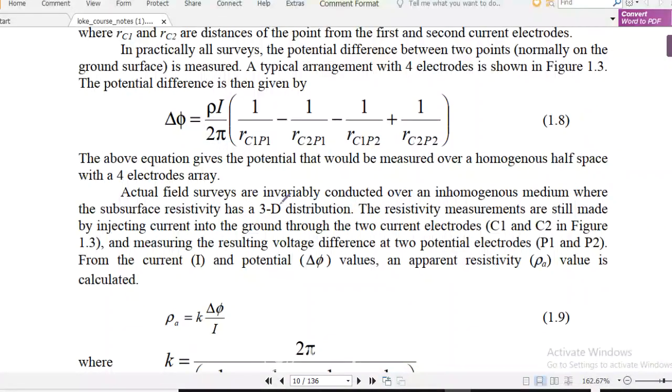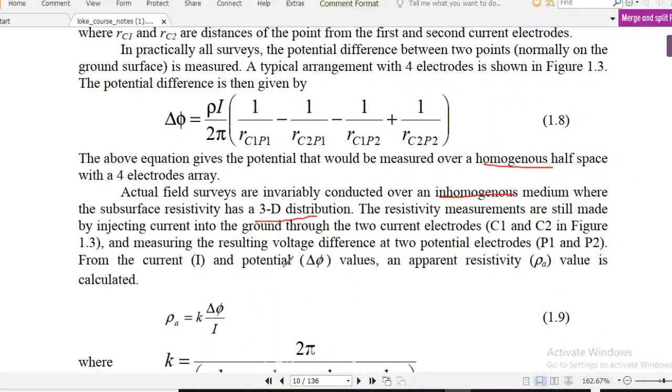Actual field surveys are invariably conducted over inhomogeneous media, where subsurface resistivity has a 3D distribution. Our assumption is homogeneous, but the reality is inhomogeneous. The resistivity measurements are still made by injecting current into the ground through the two electrodes C1 and C2 and measuring the resulting voltage difference between P1 and P2.